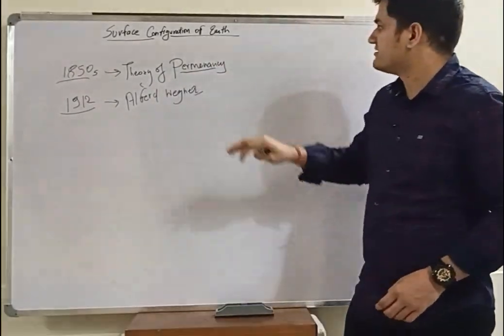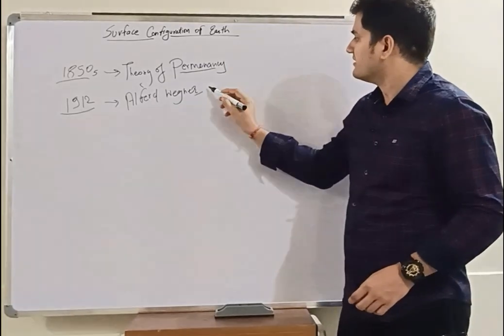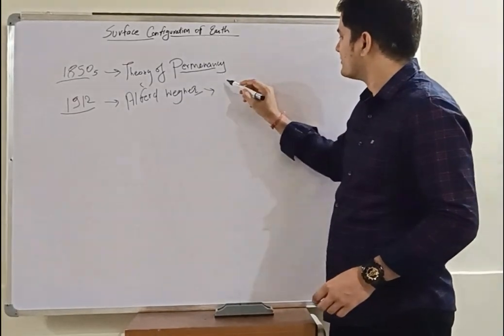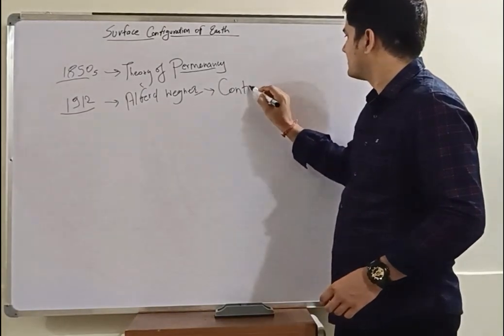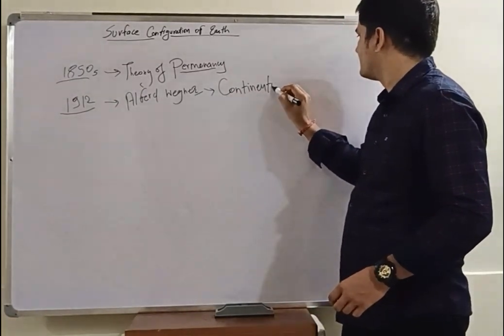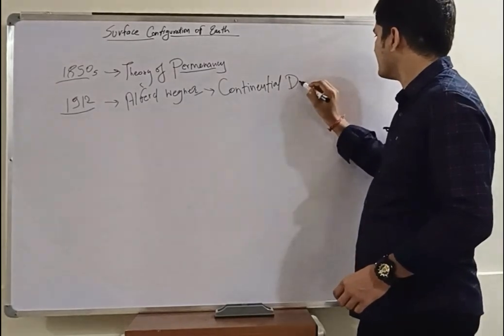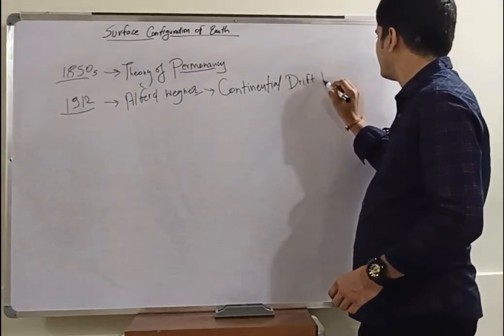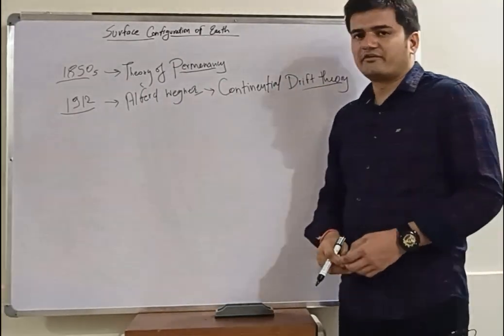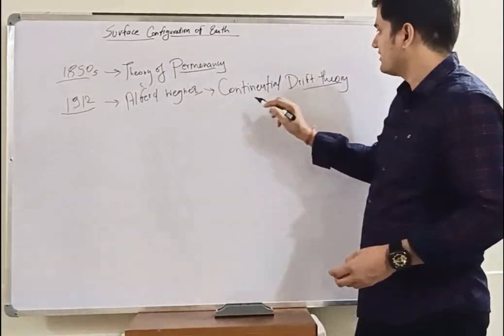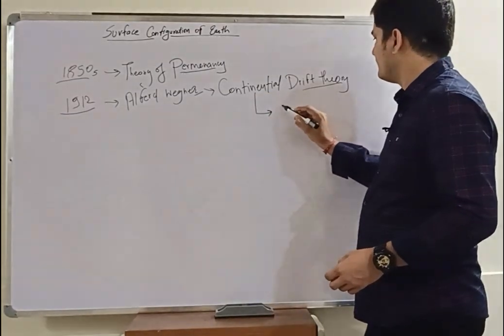Alfred Wegener challenged this theory of permanency, and he introduced a new theory called the continental drift theory. So according to Alfred Wegener, he gave two concepts.